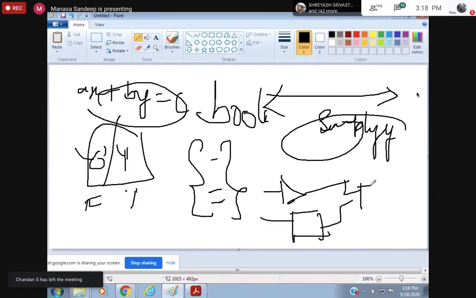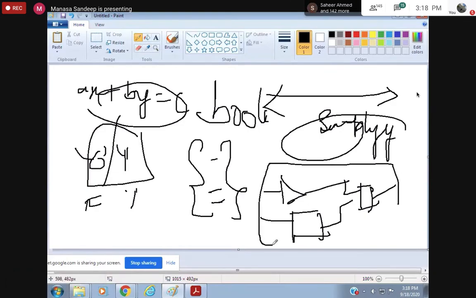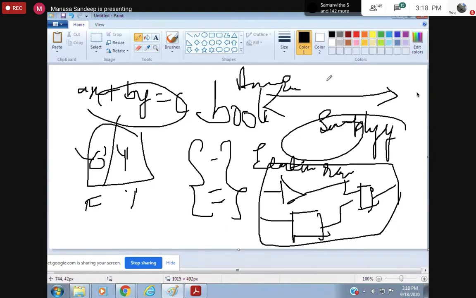Why do you need this logic circuit? So that I build a digital equipment. I may want to build an embedded system, or an ATM machine, inside which we have all these circuits.